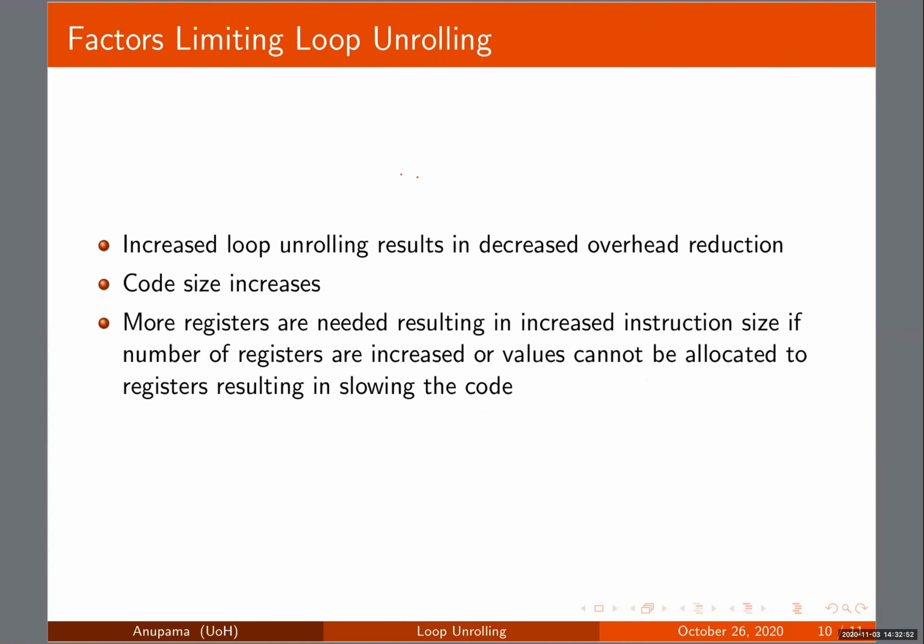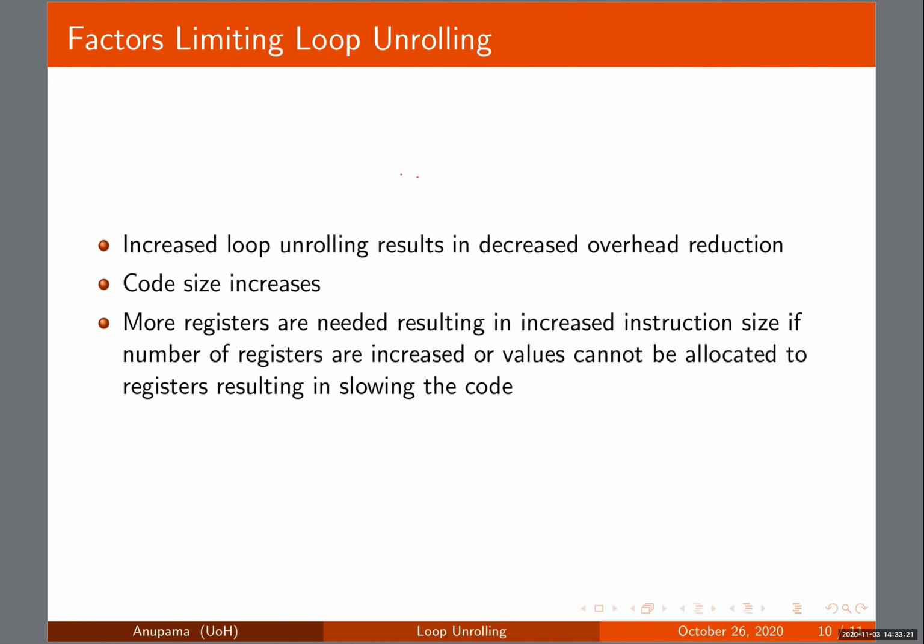Now, why is it not used as much? It is used, but not a lot. The reason is that, as you can see, when you increase loop unrolling, that is, we have unrolled it 4 times, and instead of unrolling it 4 times, we do it 8 times, then the reduction in overhead will not be as much.